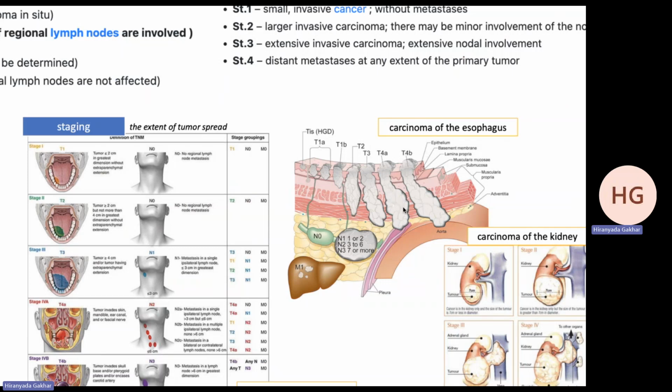And with T4, it is affecting the blood vessels, it has reached the aorta, it has reached the pleura. If it is affecting the regional lymph nodes, then we say that it's N1. And if it is affecting the distant nodes as well, we say that it's N3 or N4. And in case there is presence of a metastasis, we say that it is M1 stage.